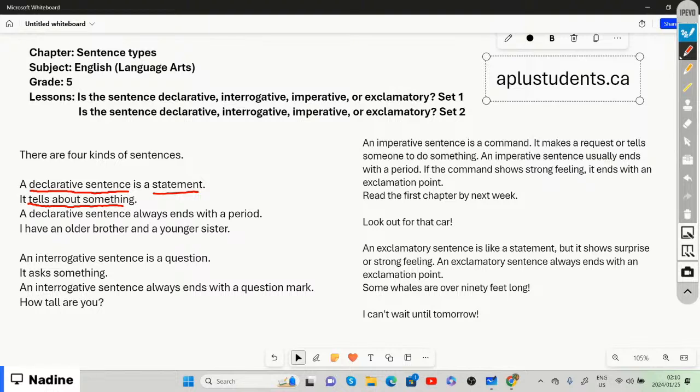And a declarative sentence always ends with a period.